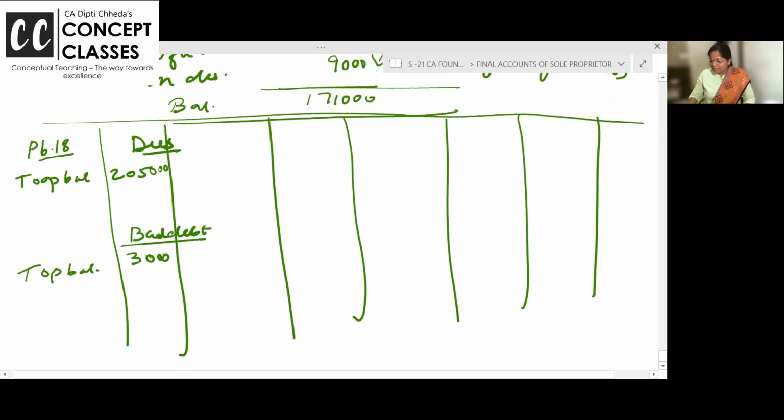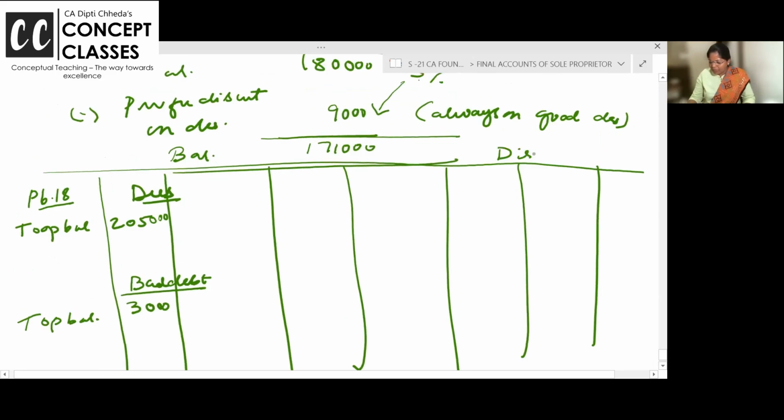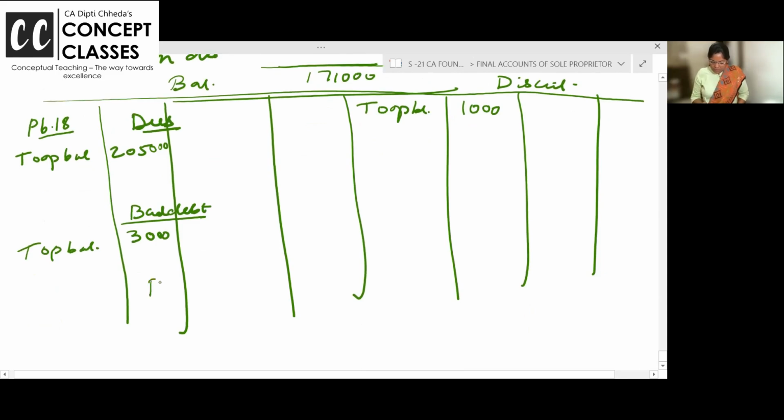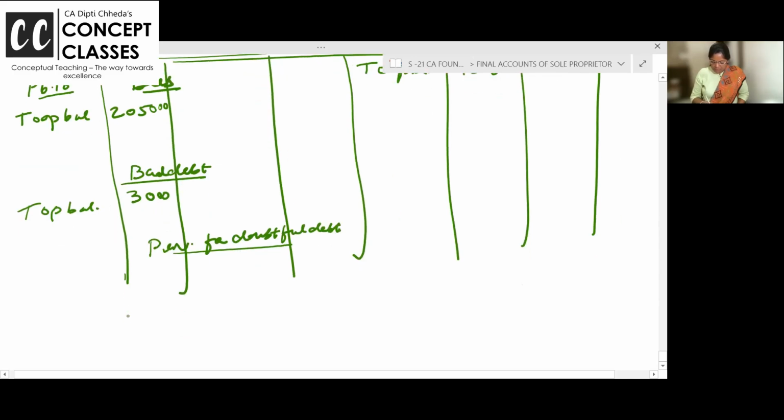This side I'm making, you make it below, one below the other, discount. Already in discount you have a balance of 1,000. Provision for doubtful debts.